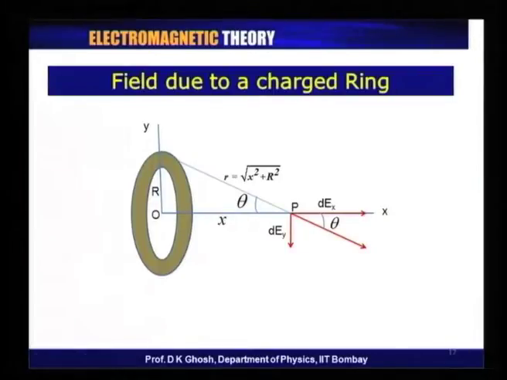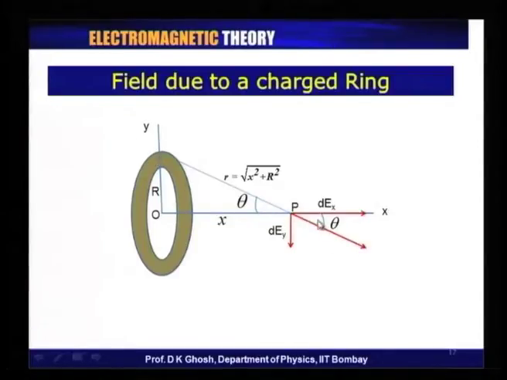Now, if I take again, as we did earlier, a length element here, ignore the width that is shown for clarity. If I take a length element here, then this is at a distance r, and the field at the point P is along this.